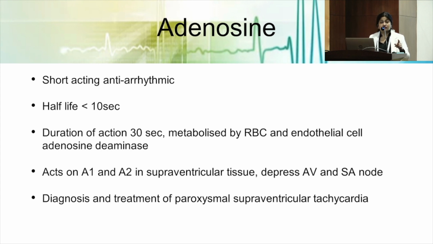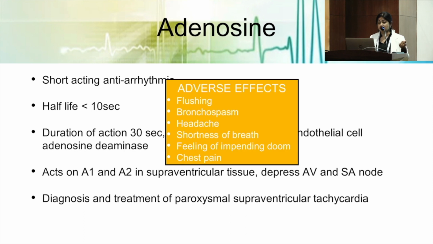The main problem with adenosine: flushing, bronchospasm immediately after administration, or a feeling of impending doom. If you have met any patient who has received adenosine before, the patient will completely refuse to take the drug again. Chest pain. The main use of adenosine is in diagnosis as well as treatment of supraventricular tachycardia.